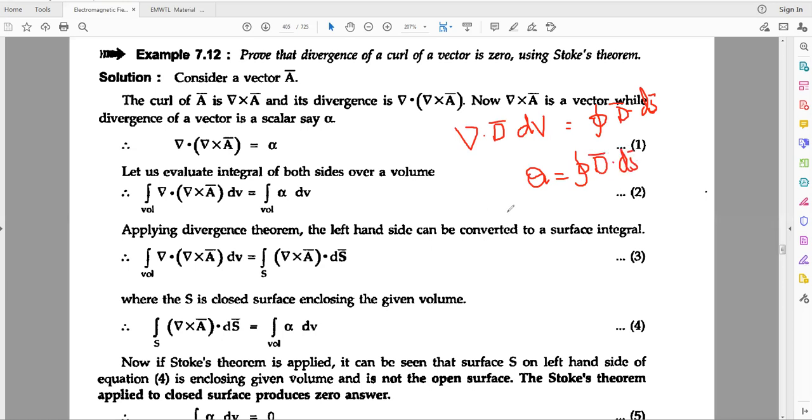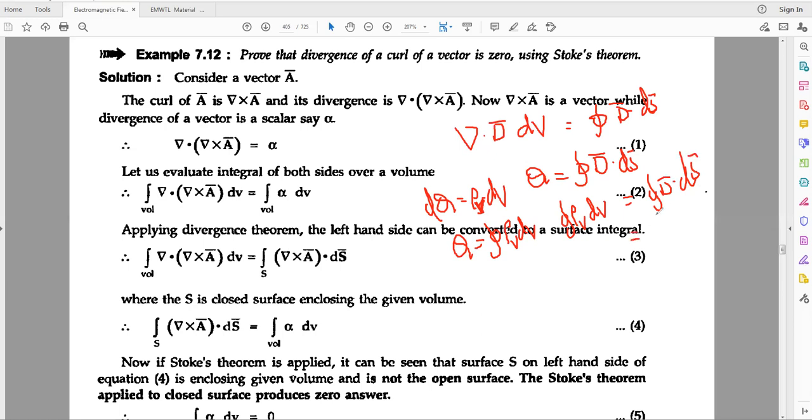What is Q equal to? dQ is equal to rho s into dS, or rho v into dv. Let us take here rho v into dv. Q is equal to the integral of rho v dv. So the integral of rho v dv is equal to the integral of D bar dot dS.